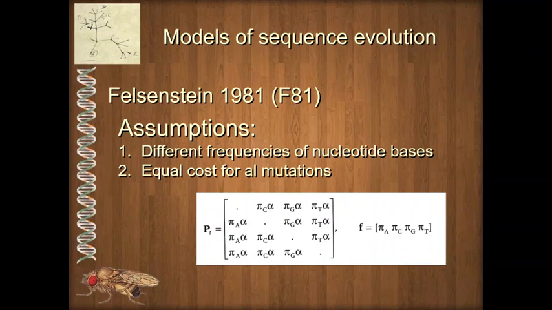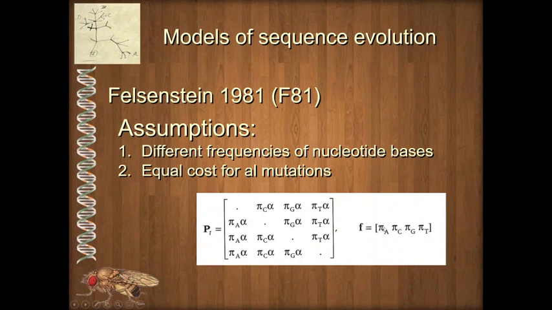Felsenstein, 1981, again, this is not a very descriptive name, you just have to remember it. Felsenstein is changing the frequencies of the base pairs, but having the exact same probability of a mutation. So now we're going to combine the frequencies of the nucleotides, and then add them in with the probability of mutations.